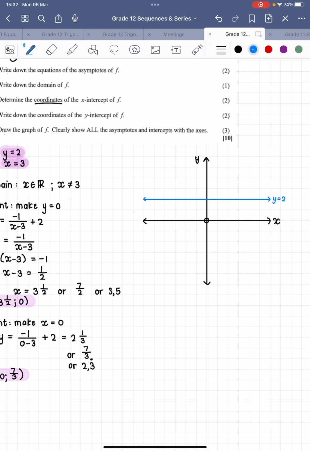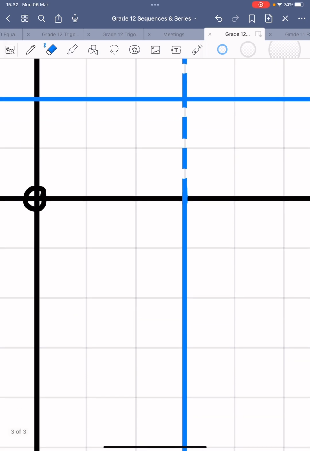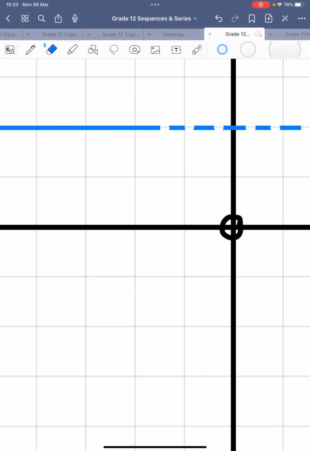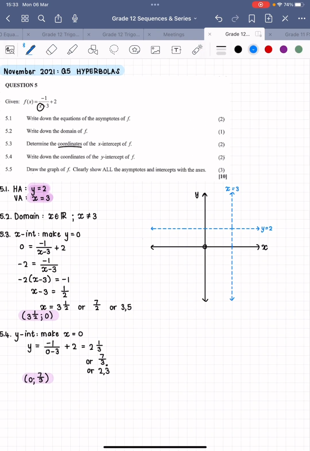So on your x-axis, go to 3, and then you're going to draw a straight line that is completely vertical, like that. That is the line x equals 3. I'm quickly going to turn my asymptotes into dotted lines. Alright, there we go. Those are the asymptotes ready to be used.